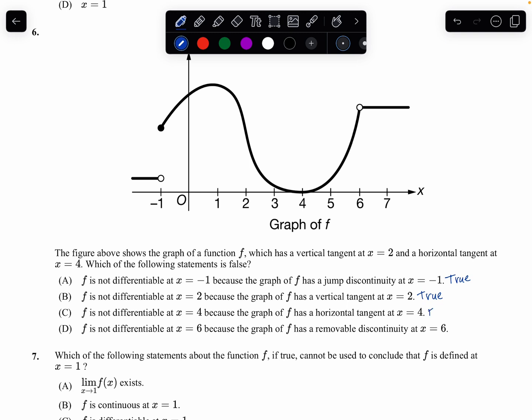That's false. We are differentiable at 4 because the slope is 0. D, f is not differentiable at 6 because there's a removable discontinuity. That's true. So C is the correct answer.